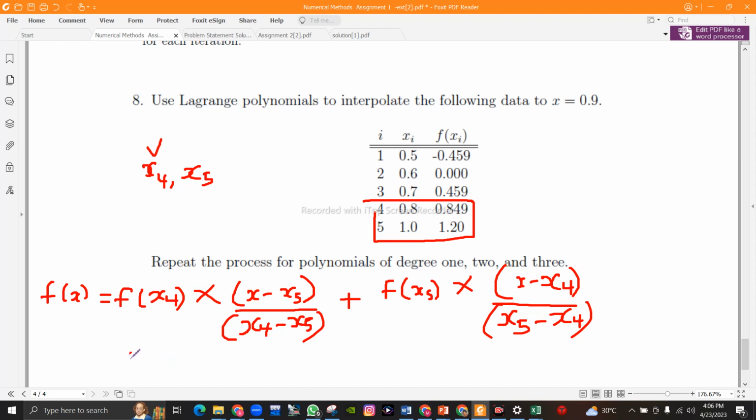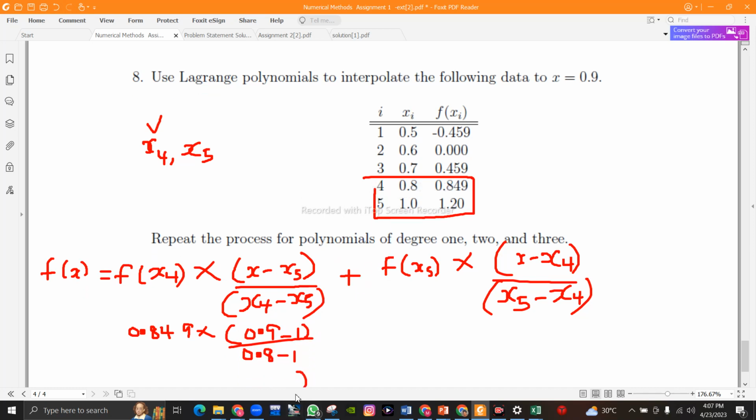F of x4 is 0.849, times x minus x5. What's x? 0.9 minus x5, which is 1, divided by x4 minus x5. What's x4? 0.8 minus x5, which is 1, plus f of x5.